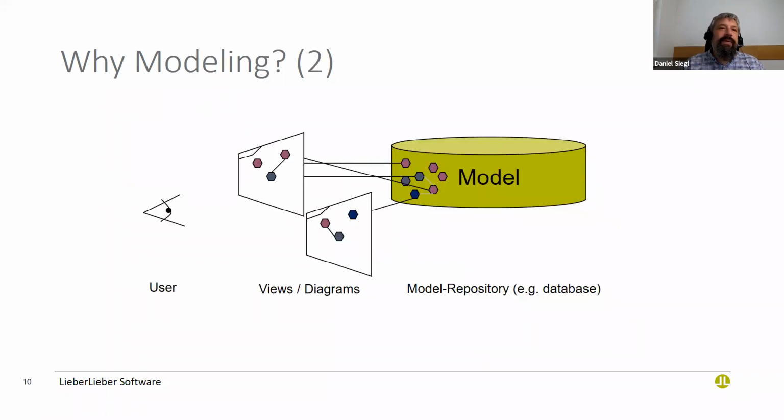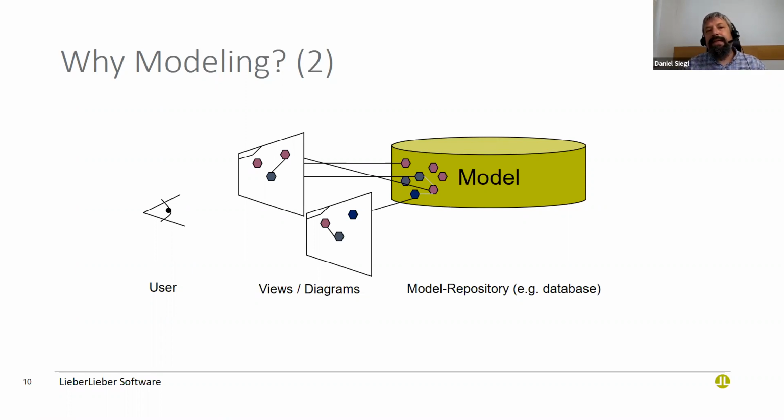And why do we use models? Because a model is not just a diagram. A model is a graph in a repository. And the diagram is just one view, a human readable view on the same model. On the other hand, it's always important with models that they also have to be machine readable to do the integrations, to be able to render artifacts out of the model.